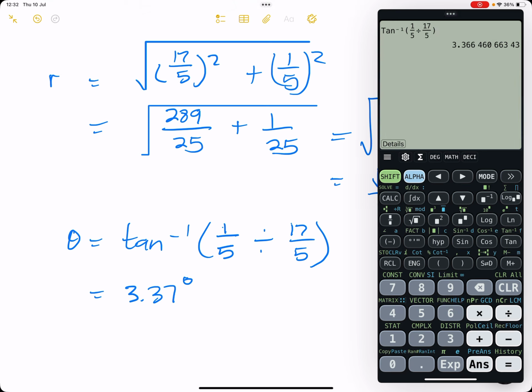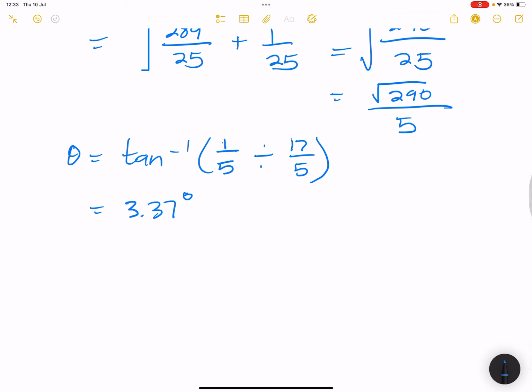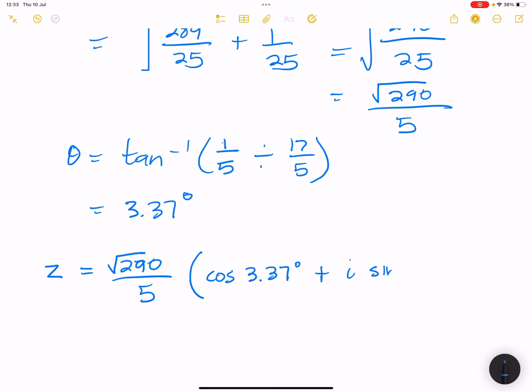That's the value. So to write it in polar form, remember again r cis theta. So that's r, which is square root of 290 over 5 times the cosine of 3.37 plus i, the sine of 3.37 degrees.